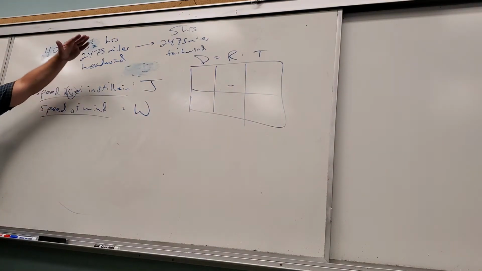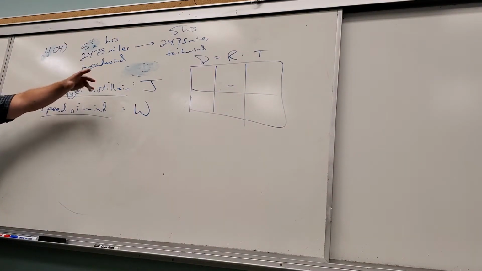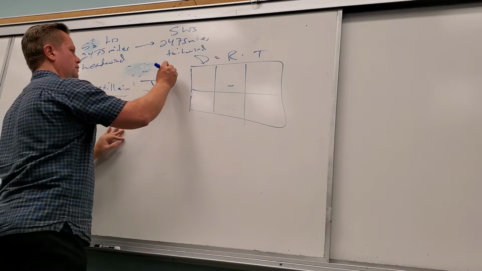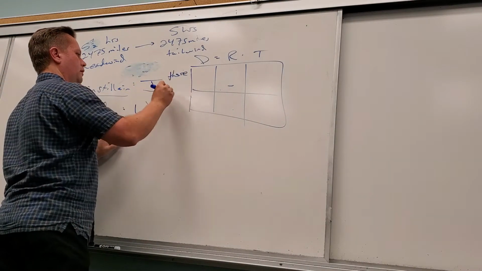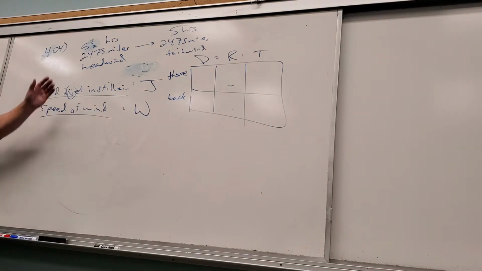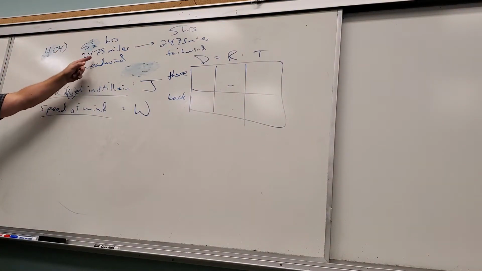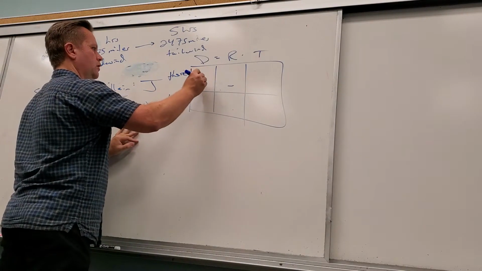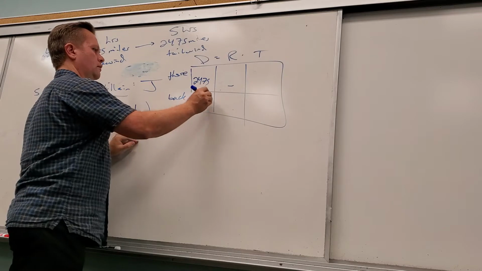What are the two parts of this problem? There and back. Okay. All right. Sounds like the hop. There and back. I like it. So going there, both of these are 2475 miles individually. Right? So I can actually put that number in there.